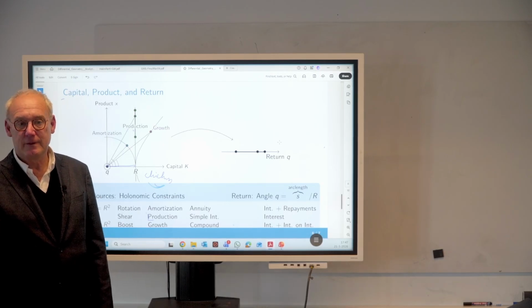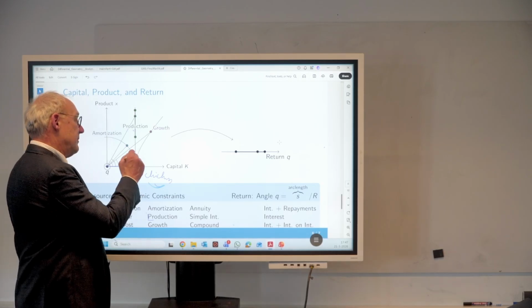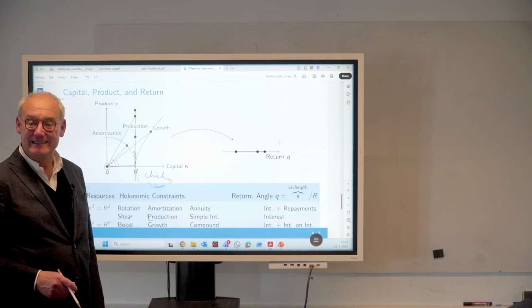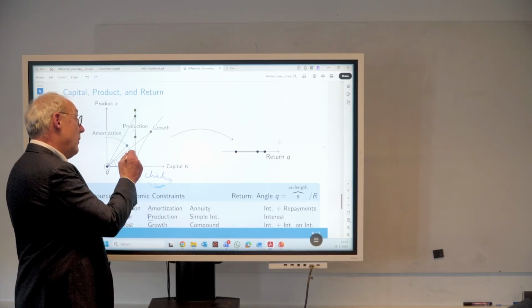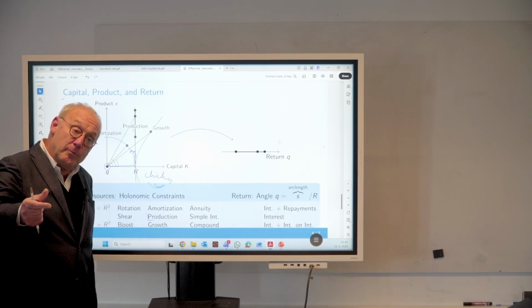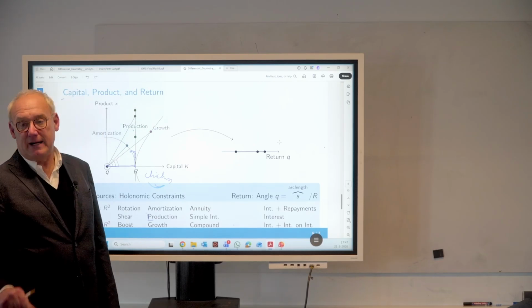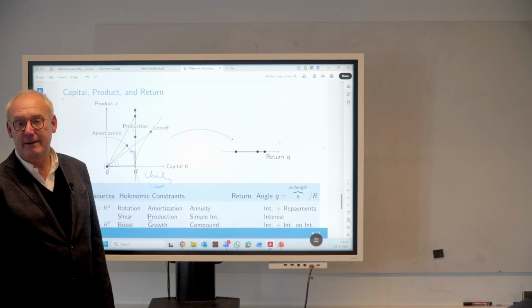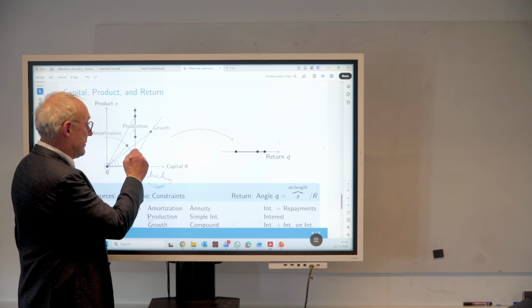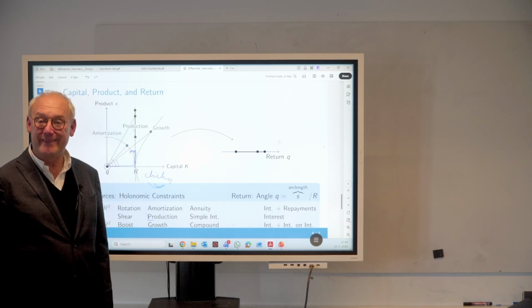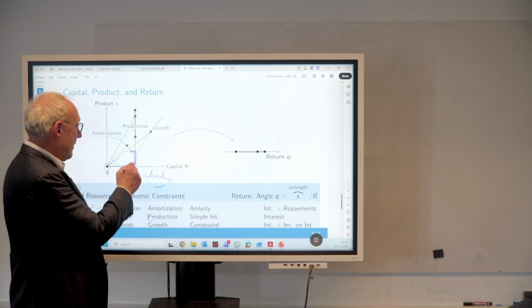Then you have to pay some interest to the bank, but not only that, you also have to repay part of that loan, right? So first you go up, that's the interest, and then you repay part of the loan, so you end up at this point.